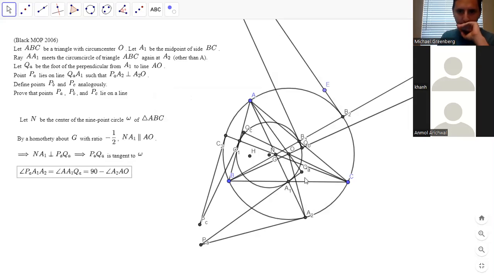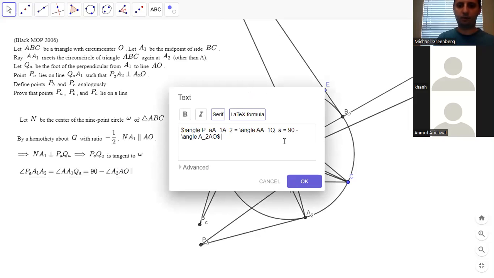Let's see. And yeah, we want to show this angle plus this angle is 90. And that's true because AO is like a diameter of the circle. So yeah, 90 minus A2AO is angle A2PA. That's an easy enough angle chase.